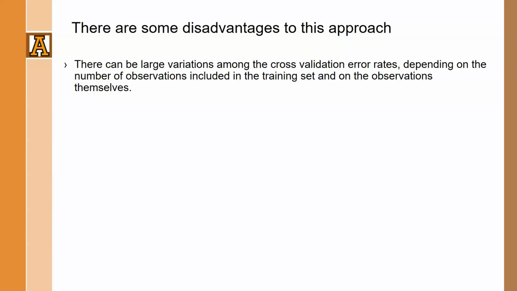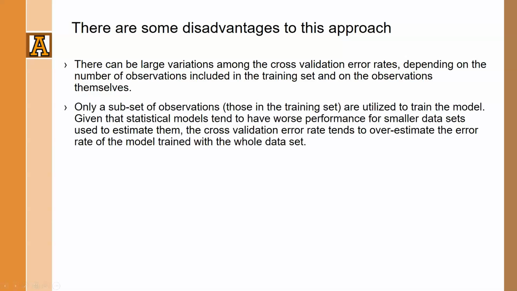So every time we have a different training set, we get a different model, and a different model will give us a different MSE. Now, the other disadvantage is that only a subset of the observations, the ones in the training set, is used to train the model.